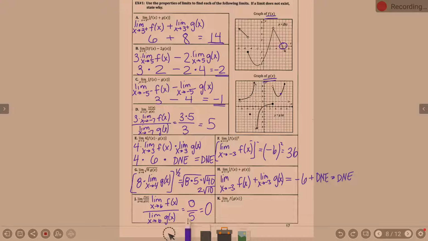Limit as x approaches -2 of f of g of x. We finally hit a composition, didn't we? We have more compositions later, so this is a good practice one. Start by pulling that f out front. So we're going to be doing f of the limit as x approaches -2 of g of x.